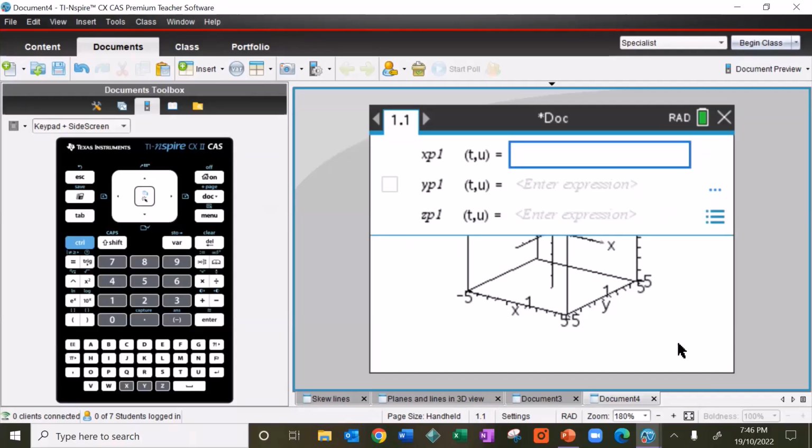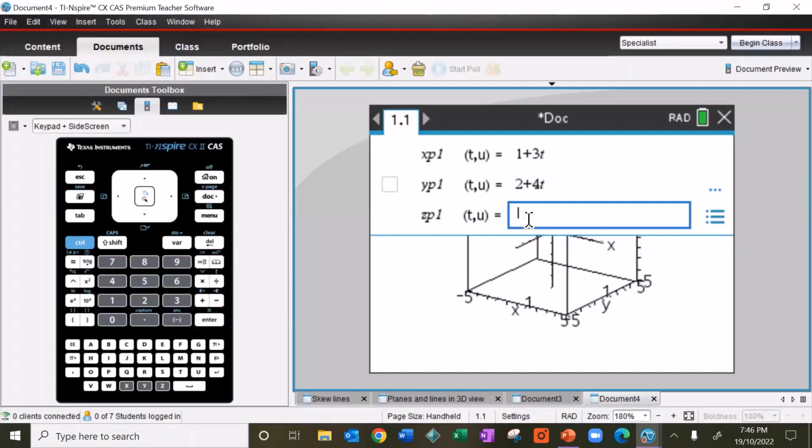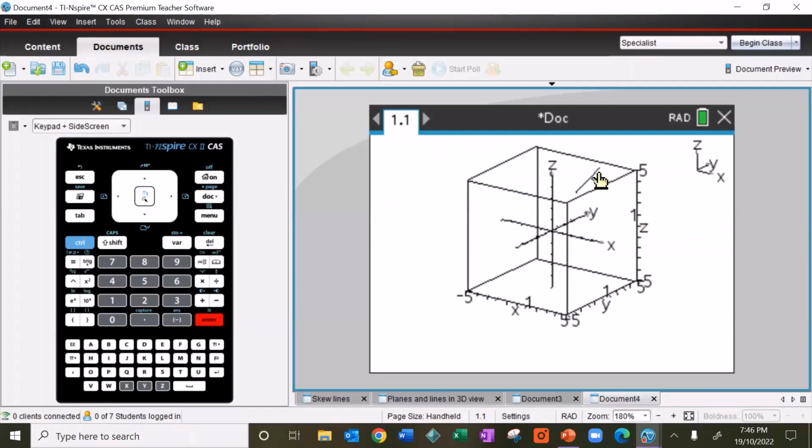Let's say that my parametric equation was 1 plus 3t, 2 plus 4t, and 3 plus 5t. And I can see a tiny bit of a straight line here.